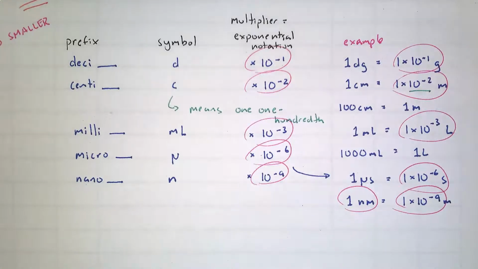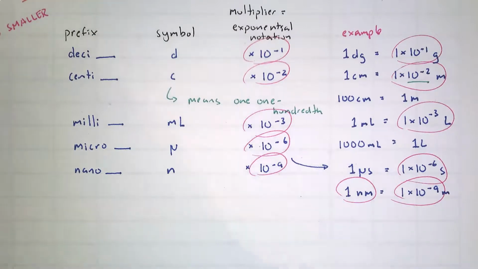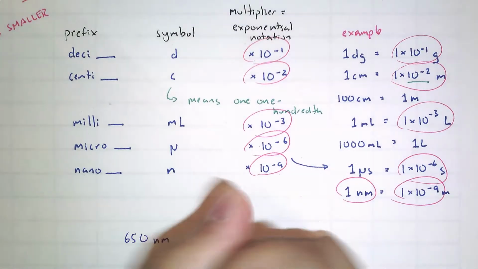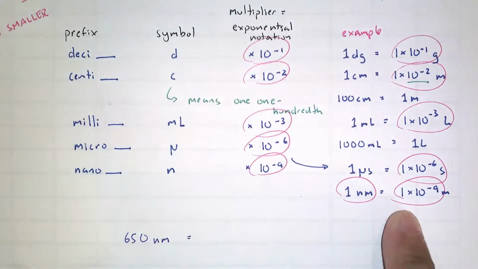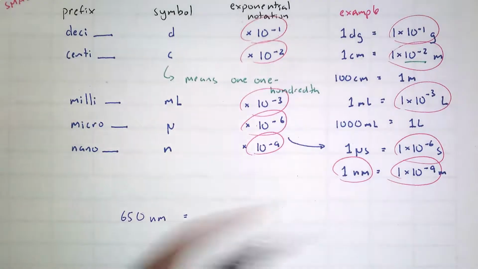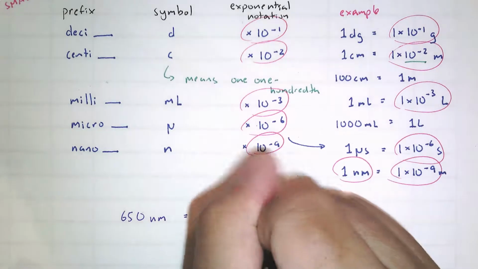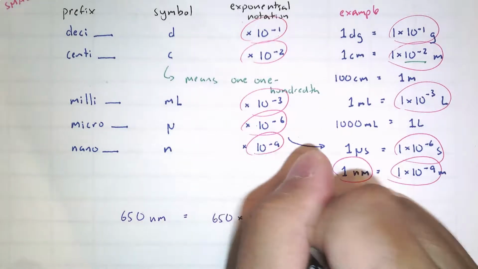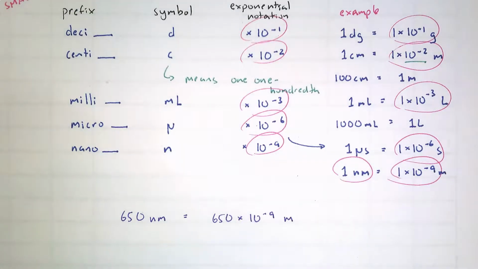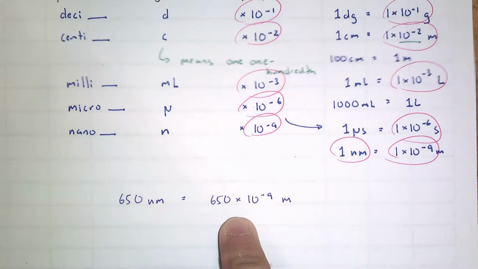Okay, so let's say the wavelength of light is 650 nanometers. How do we figure out how many meters that is? Well, you just multiply that number by the multiplier. 650 times 10 to the minus 9 meters. Now, I know this is not conventional scientific notation, right?